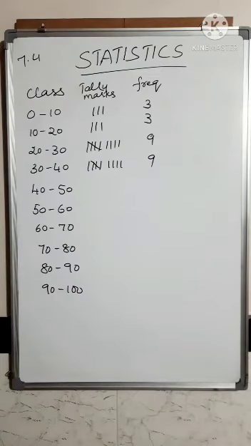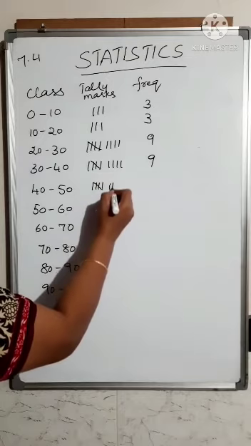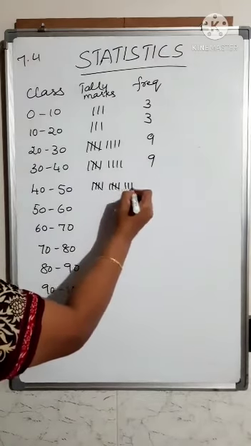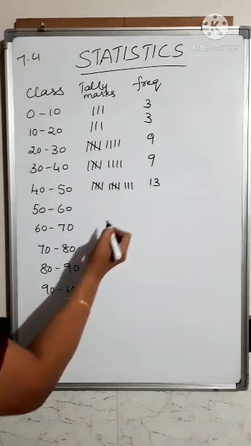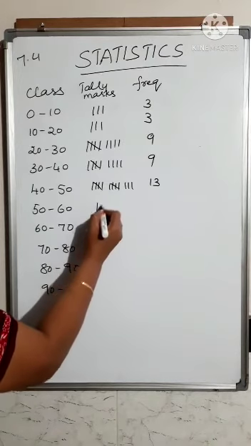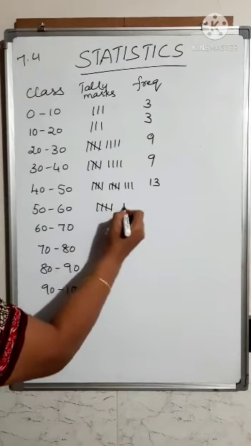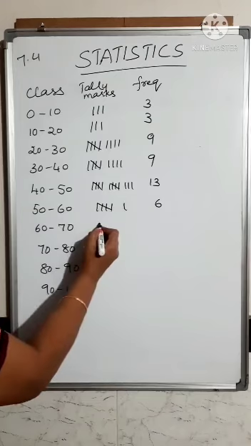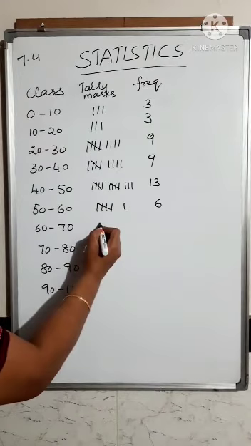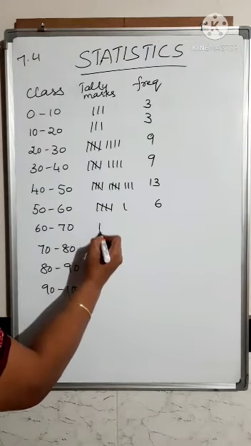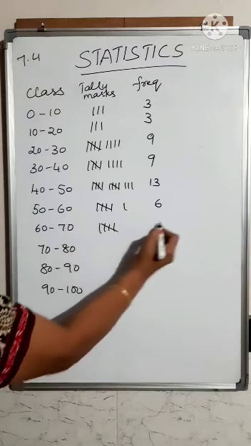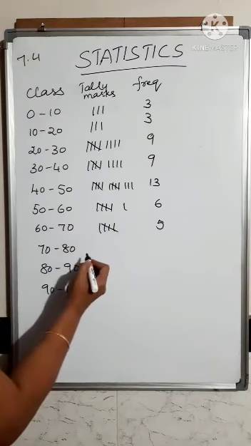Now next you have got 40 to 50, you have got 13 scores. So you are going to write 13. Then 6. Write 6. Now next 60 to 70, you have got 5 scores. Write it as 5.